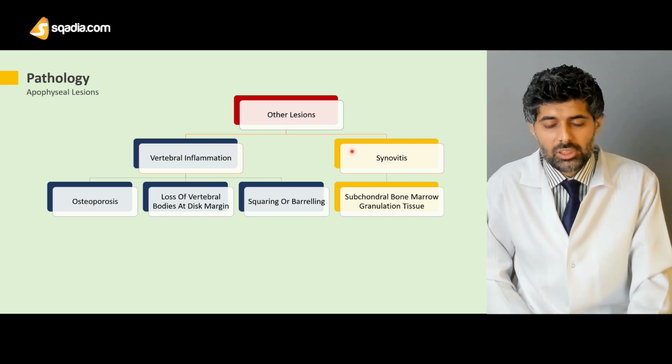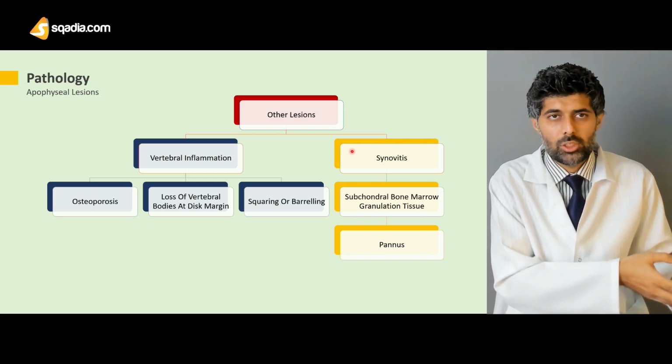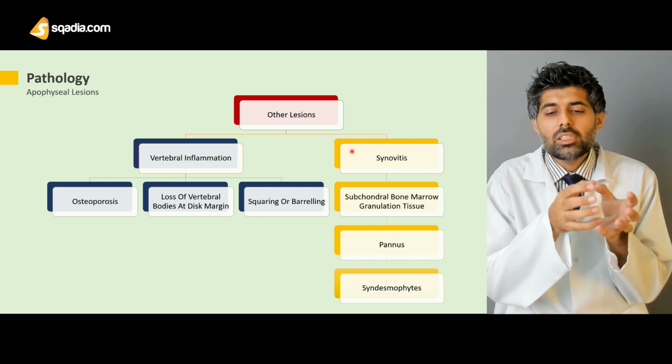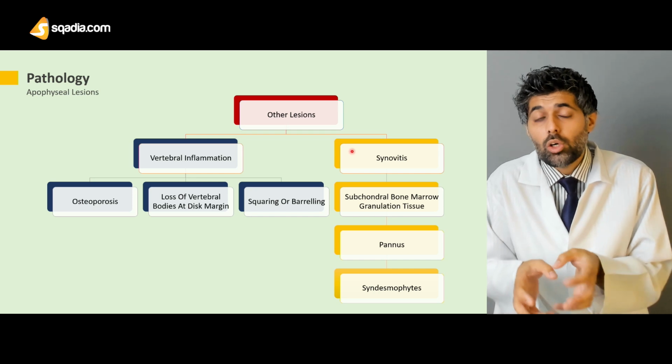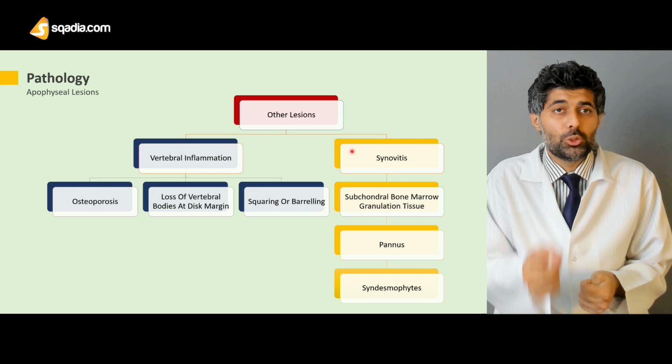Now, this results in the pannus, that is the encroachment of the vascular connective tissue, resulting in the syndesmophyte along with the fusion of the facet or the apophyseal joint.